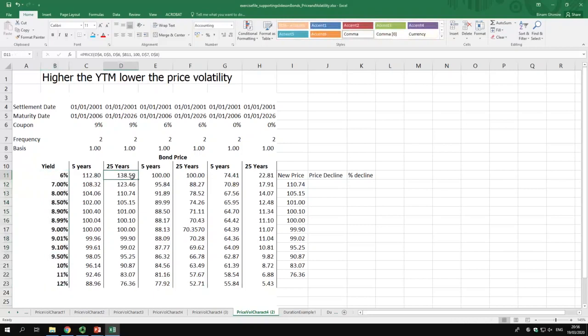Now what we are saying here is the bond that was yielding 7% now yields higher, 8%. So what will happen to the price of the bond? The price of the bond will not be as high as this, it will be lower. When it changes from 7 to 8, it will become this 110.74, because now it is 8.